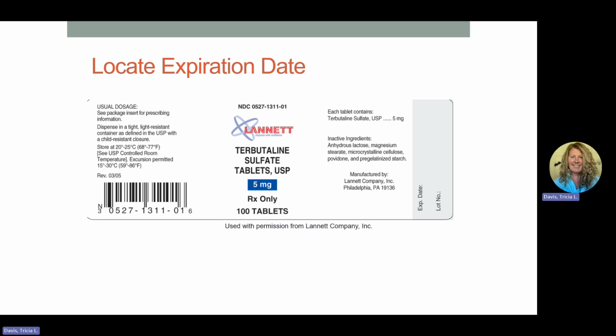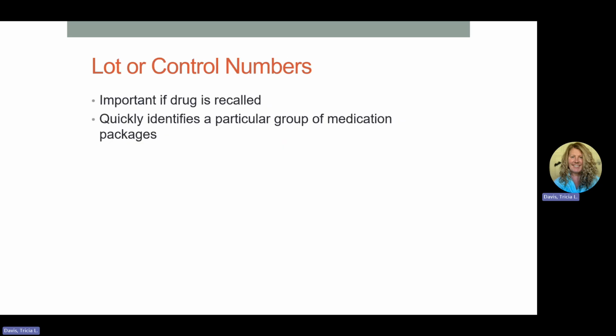Other things we want to look at, we always want to make sure when we're pulling our medications that we look to make sure that the medication is not expired. Sometimes we also have to, especially I see in hospital settings when we're giving vaccines, pneumonia vaccines, flu vaccines, COVID vaccines, things like that, we have to make sure that we write down the lot or the control numbers in our medication administration record.